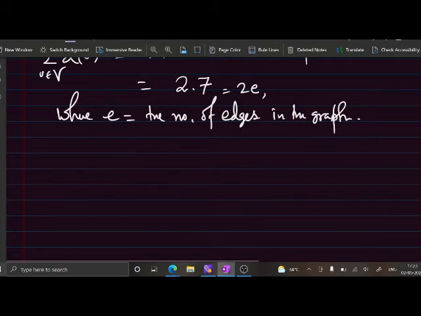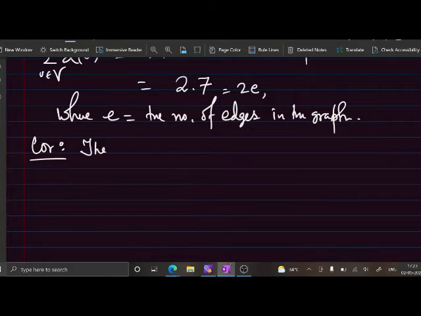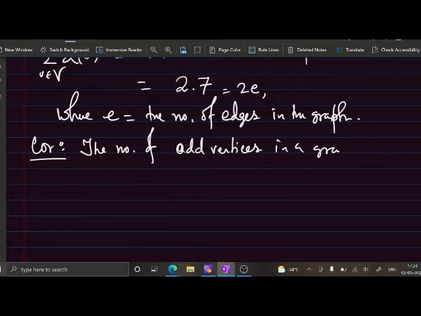And assuming this result, you can at once prove that the number of odd vertices in a graph is always even. What does it mean by odd vertices? The vertices having odd degree.